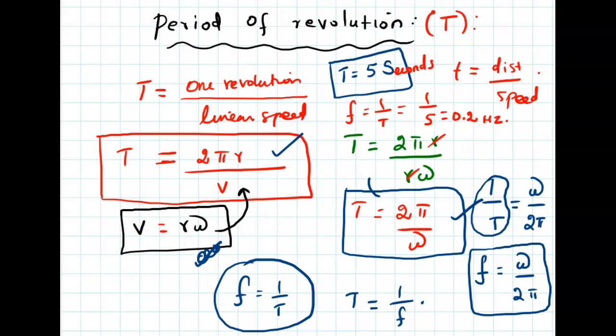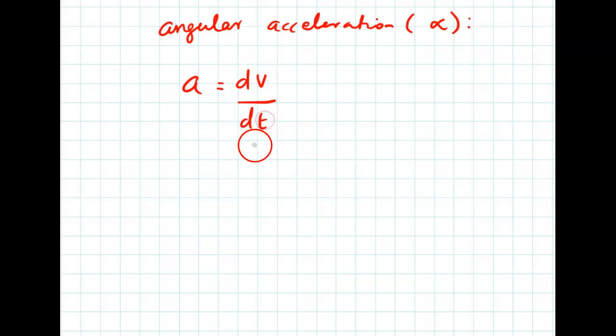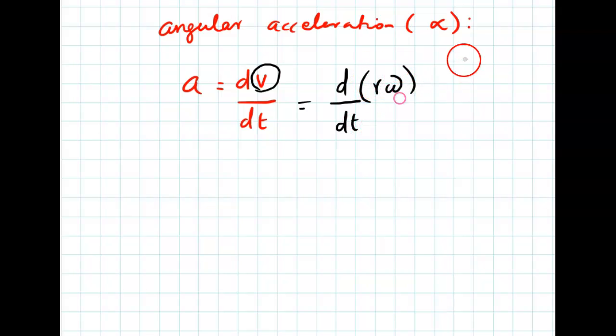Okay. Next we have a small derivation, an expression for angular acceleration alpha. You know the linear acceleration formula is dv by dt. To change from linear to angular, it will be d by dt of r omega, because v is equal to r omega, the linear velocity and angular velocity relation.